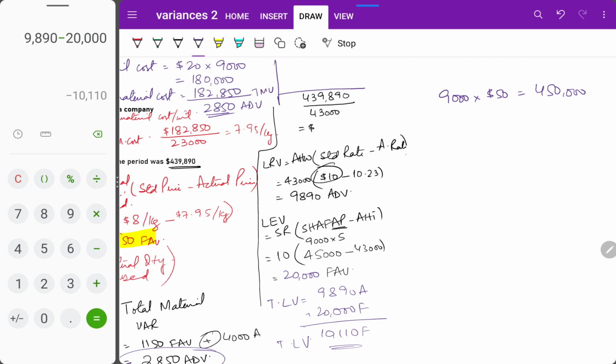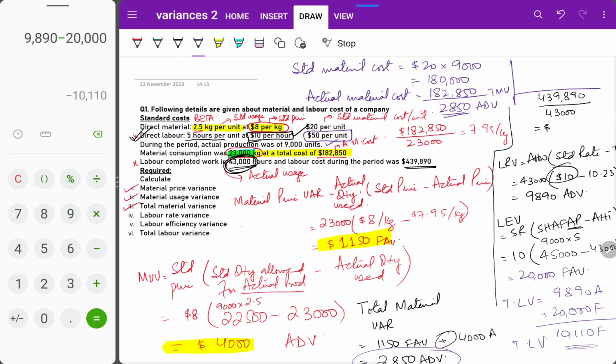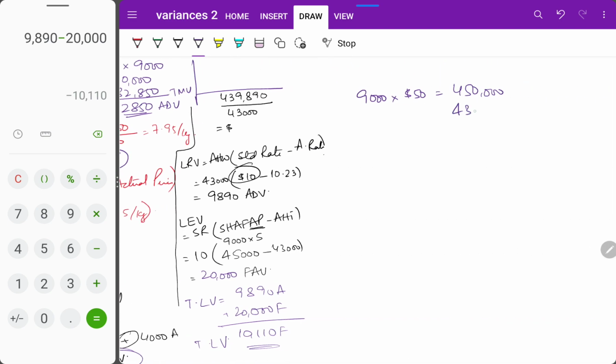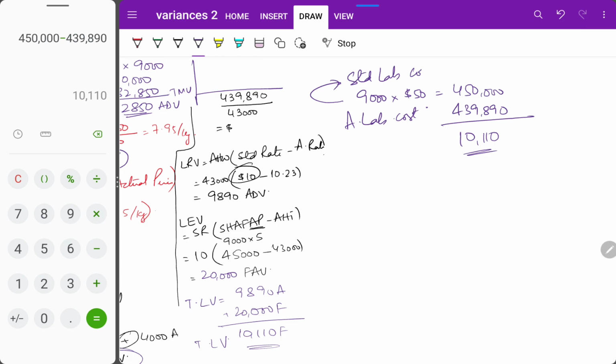But the actual cost of labor is 439,890. So 450,000 minus 439,890 is 10,110. This is the actual labor cost, and this is the standard labor cost of actual production.